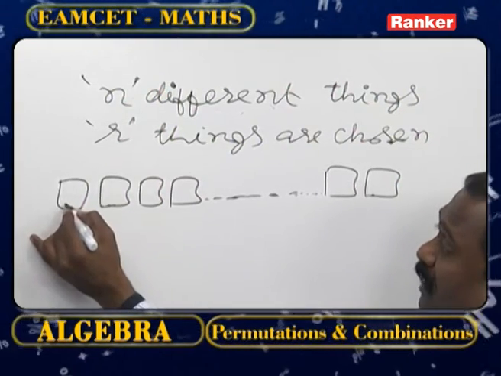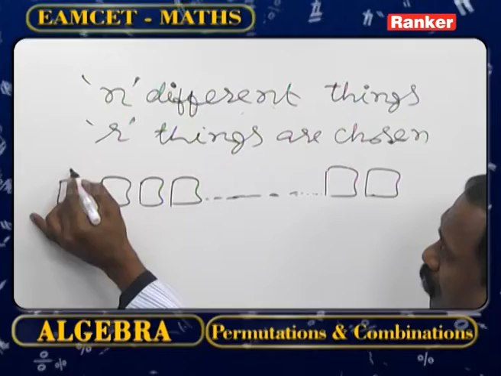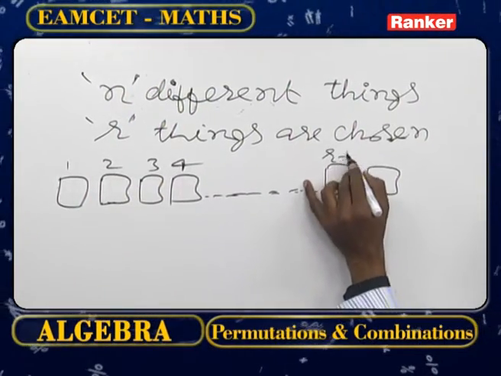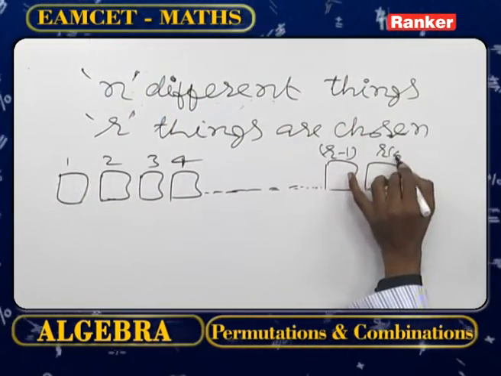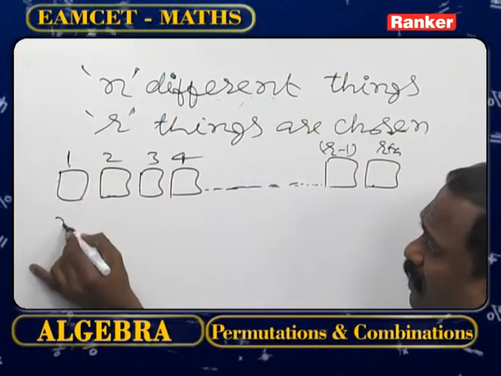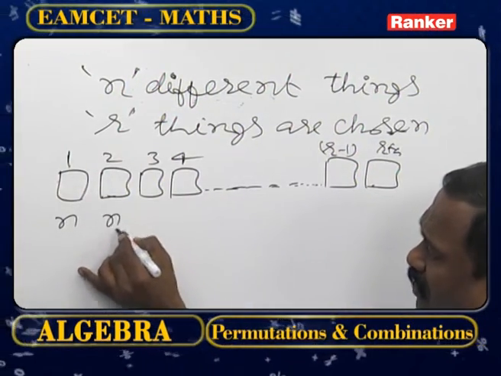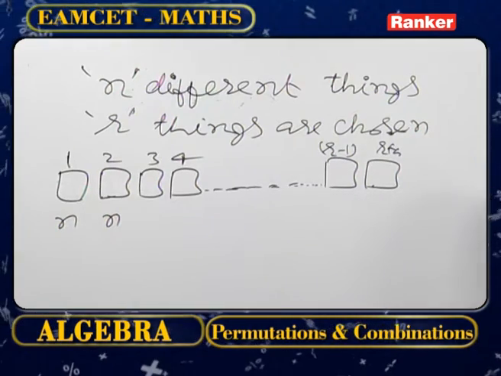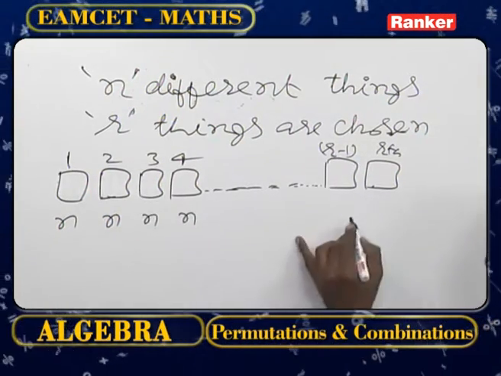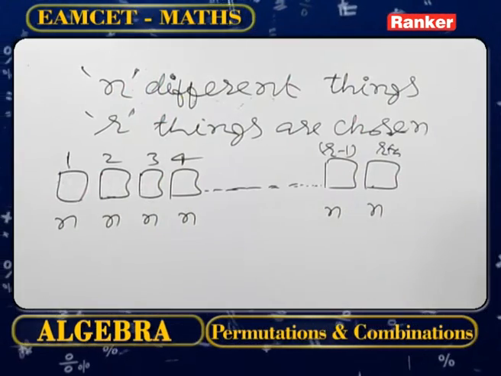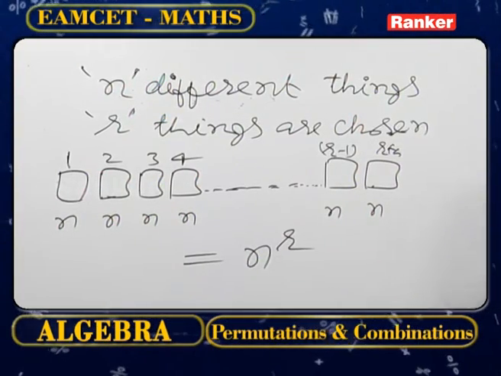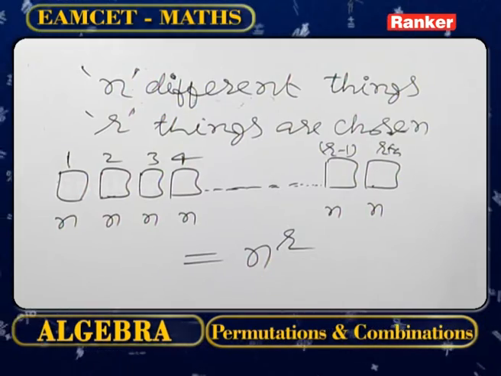So, how many blank places are there? 1, 2, 3, 4, so on, r minus 1th and rth. The first blank place can be filled in n different ways. Second also n different ways with repetition. n, n, n, n. How much is it? n power r. Understand that? n power r.